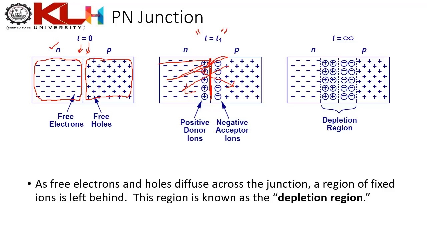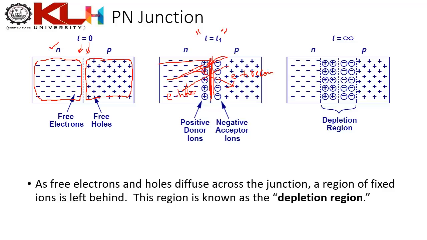Once the electrons move to this side, what actually happens? Because there are many holes over here, electron-hole recombination takes place in the immediate vicinity of this interface. Similarly, holes that are coming from the p side see a huge number of electrons on the n side. Again, electron-hole recombination happens.